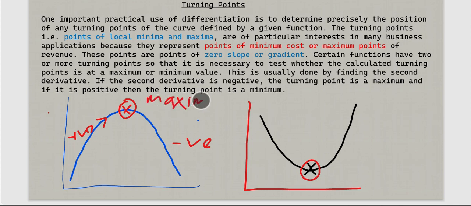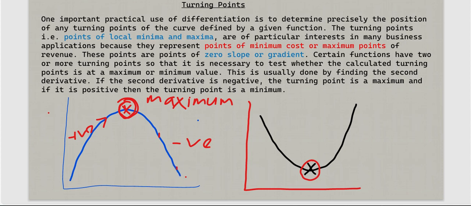Why are we saying it's a maximum? Because on this line represented with blue, we don't have any other point that is higher than this point right here. This is the highest place. That's why I was saying it's the maximum of this blue curve here.